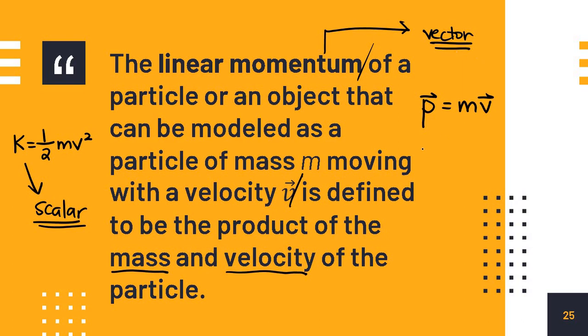So let's say we had a truck, or maybe perhaps a bigger boat, with great mass, but moving at a very low velocity in terms of magnitude. It still has greater momentum because of its mass.